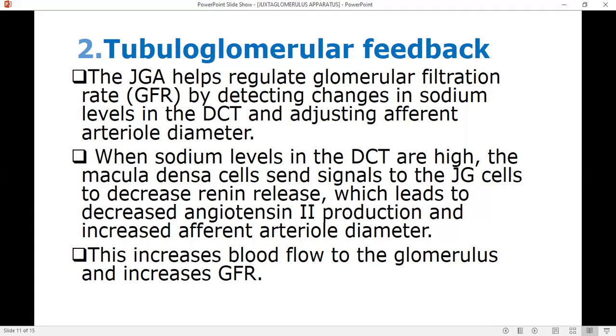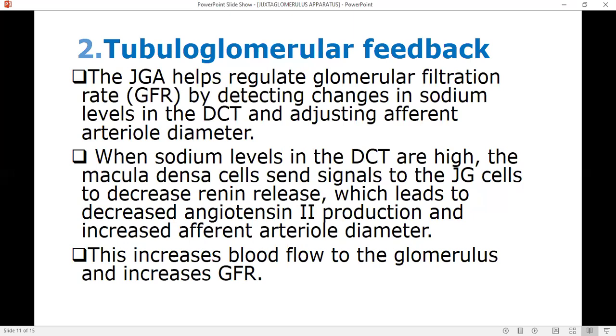So when sodium levels in the distal tubule are high, the macula densa cells send a signal to the juxtaglomerular cells, which are responsible for production of renin, to decrease renin release, which leads to decreased angiotensin II production.